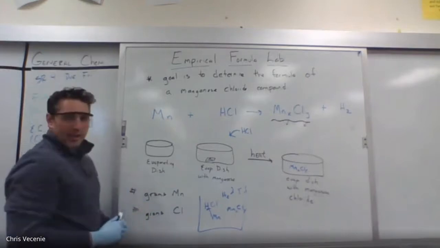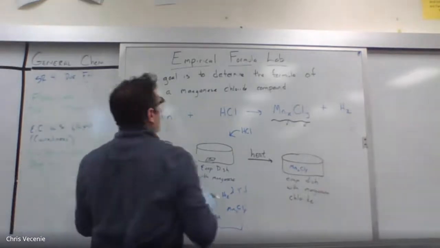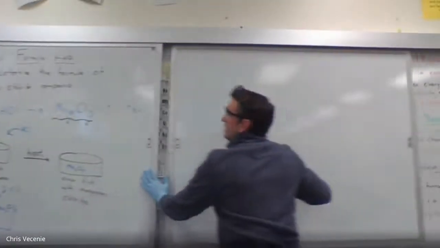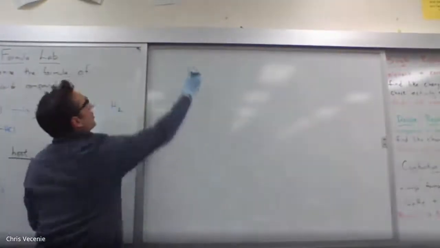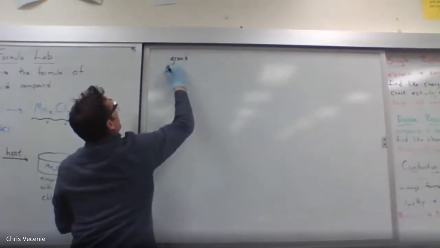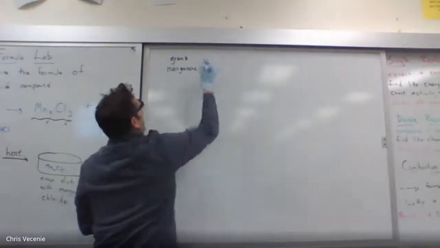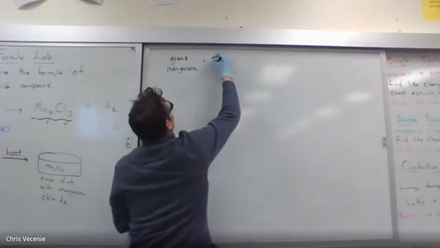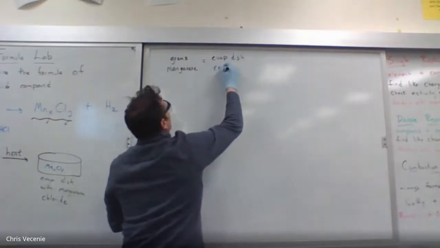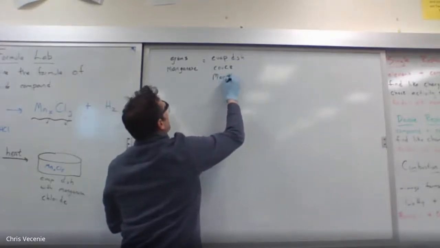I have what the dish weighs. I have the dish with just the manganese in it. That'll be a subtraction. So if I show that to you guys, I'm not going to do the numbers for you. But just like last time, I'm going to show you how. If I want to get my grams of manganese, I'm going to take the evaporating dish, the cover, and the manganese.